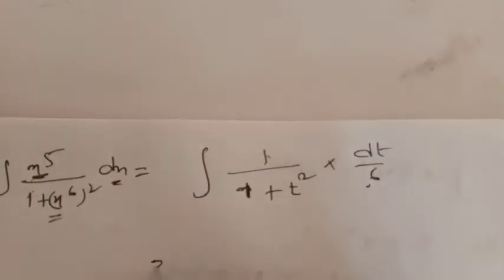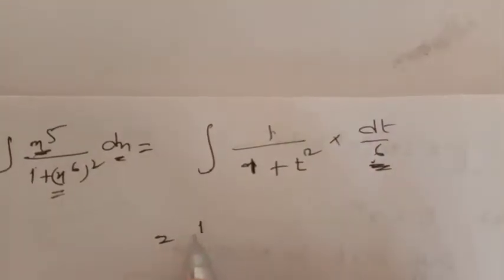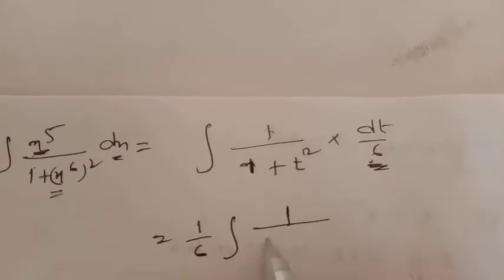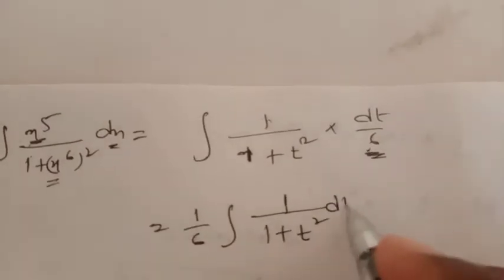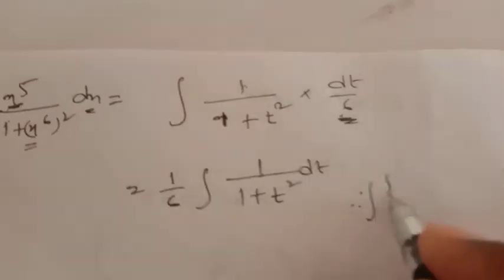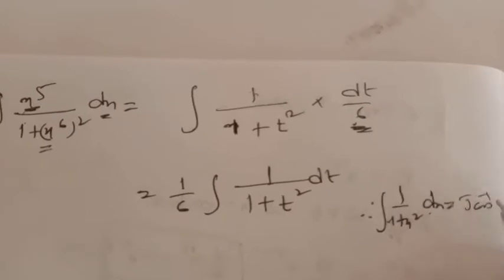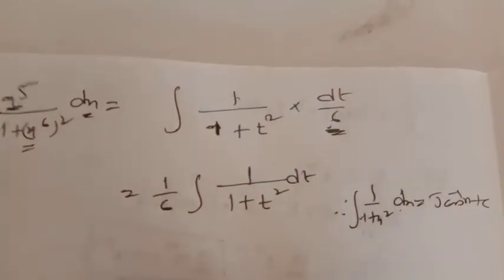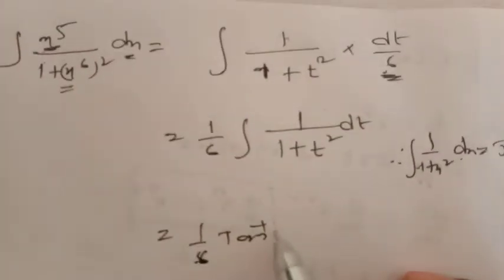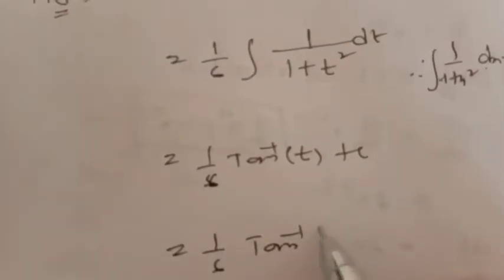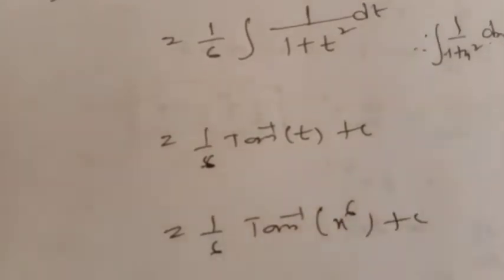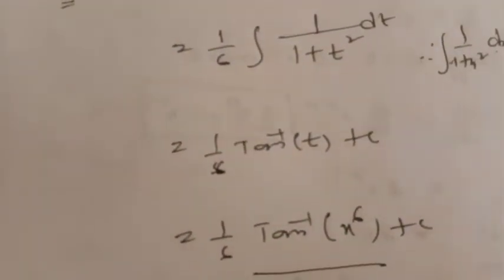Here 1 by 6 is the constant term, take in front of the integration, that is 1 by 6 into 1 by 1 plus t square into dt. Here we have the formula 1 by 1 plus x square into dx equal to tan inverse x plus c. Here 1 by 6 into tan inverse of t plus c. Substitute the t value, 1 by 6 into tan inverse of x to the power of 6 plus c. This is the answer of the problem.